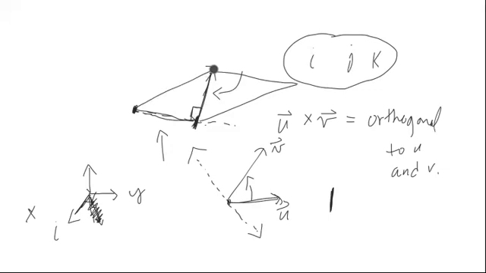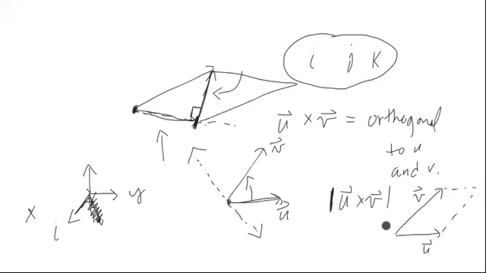But when it's not, we multiply by the base, which gives us the area of a parallelogram, meaning that the actual length of the vector u cross v is the area of the parallelogram formed between the vectors v and u.